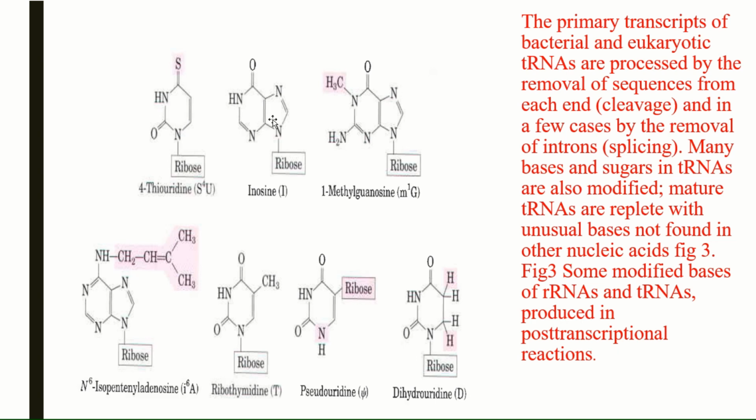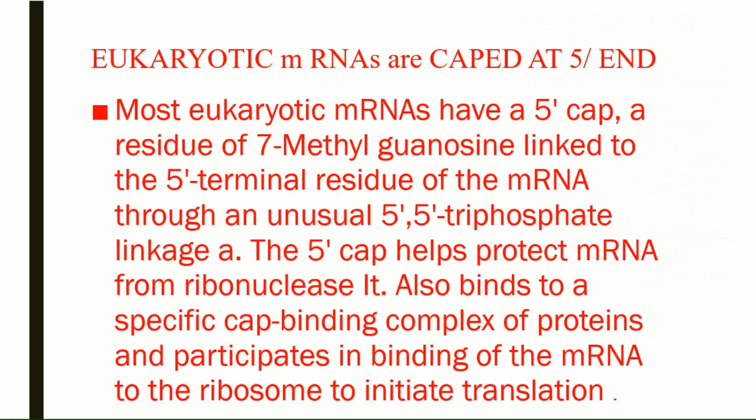These are the pyrimidine and these are the purine bases. Mature transfer RNAs are replete with unusual bases not found in other nucleic acids. Some modified bases of transfer RNA and ribosomal RNA are produced in post-transcriptional reactions. These are the modified bases formed in the post-transcriptional reaction.